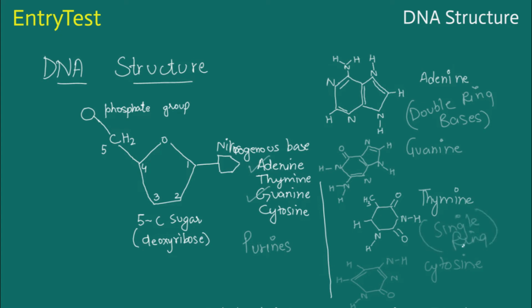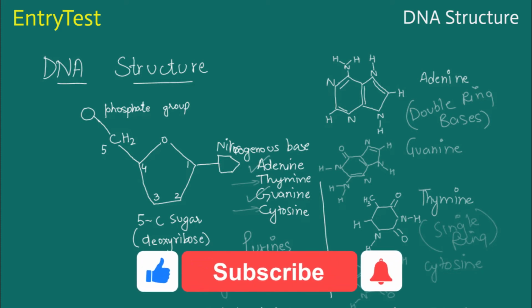And there is a name that we give to these ones, that is pyrimidines. So out of the 4 bases, 2 are purines and 2 are pyrimidines. Now let's see how the DNA nucleotides are linked together by covalent bonds into a single strand.